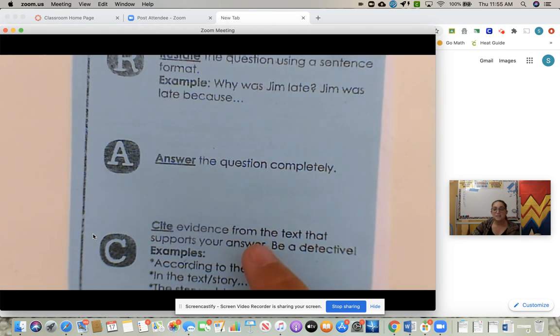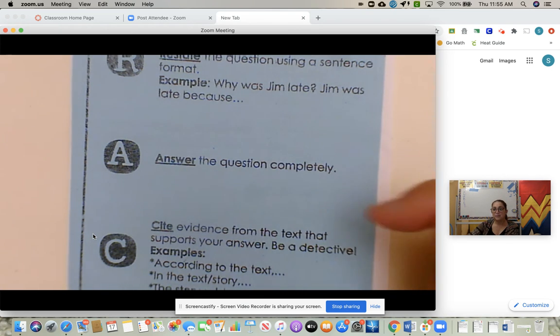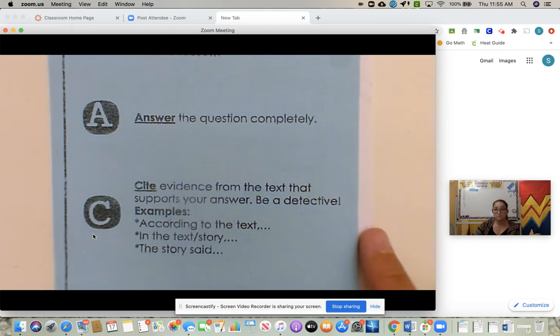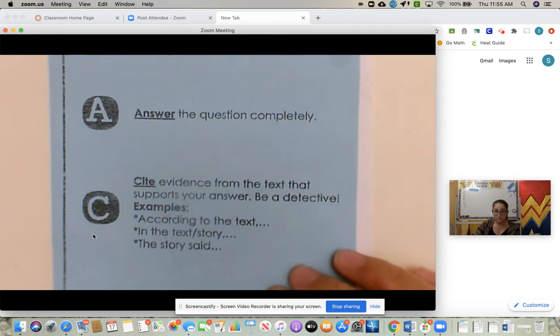Then let's say in the passage it said something like, he jumped out of bed so quickly because his alarm didn't go off. He was worried about being late. We would underline part of that in the text because it told us his alarm didn't go off. So then we would say, according to the text, and put it in quotes, he jumped out of bed because his alarm didn't go off, period. We write it word for word, quote, right?